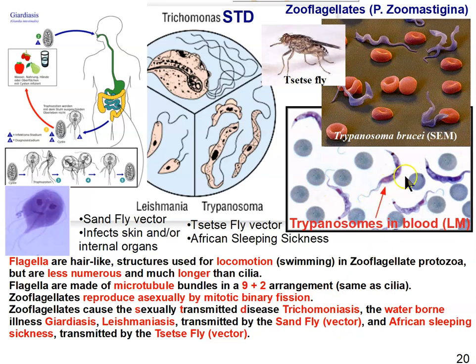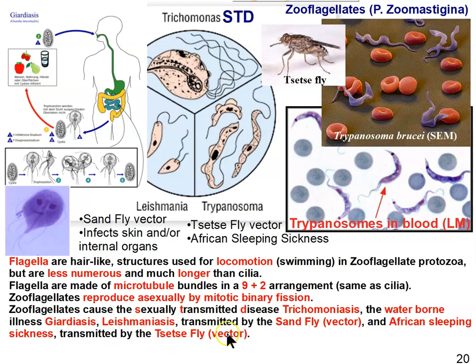And the same for African sleeping sickness. The tsetse fly transmits it from person to person. The tsetse fly will bite one person that has the disease and transfer the trypanosome organism to the next person that the fly bites. And that person then will contract African sleeping sickness.